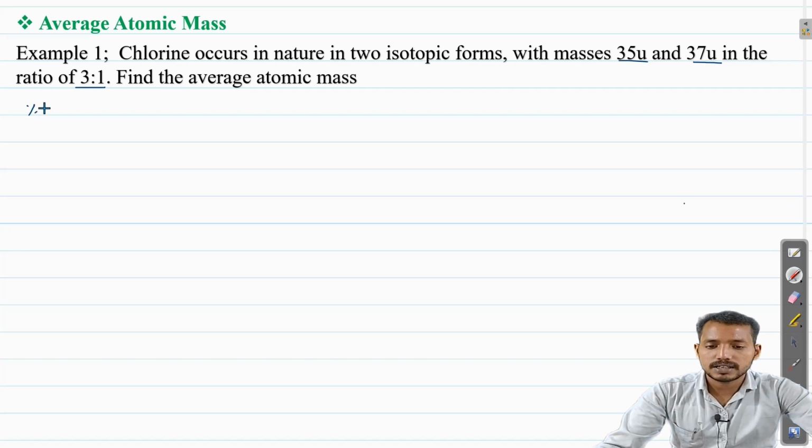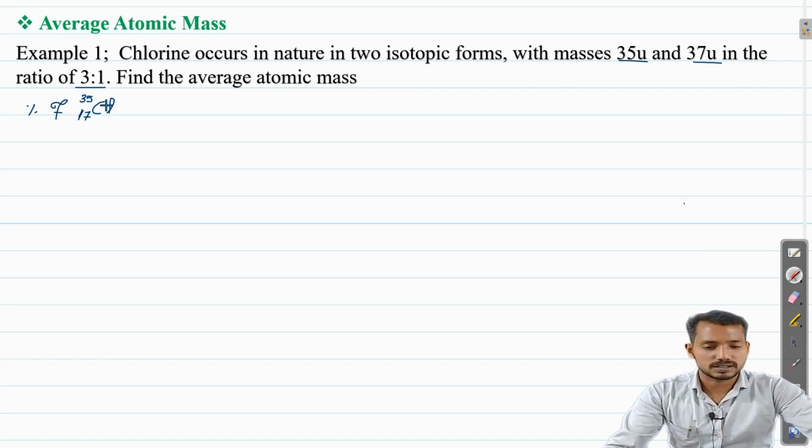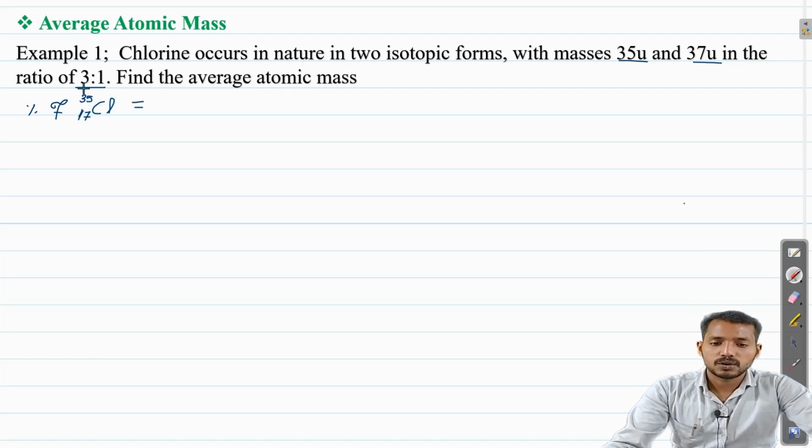Here the percentage abundance, that is the presence, of Cl-35. The atomic number of chlorine is 17, which is given in your textbook, so just refer to that. What is the ratio? 35 u to 37 u is the ratio 3 to 1.